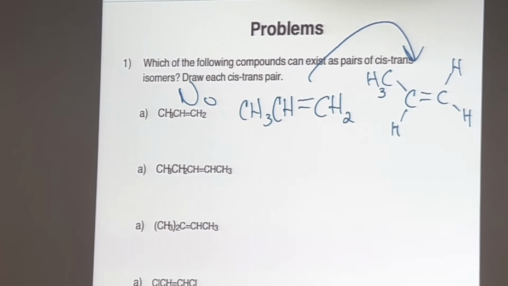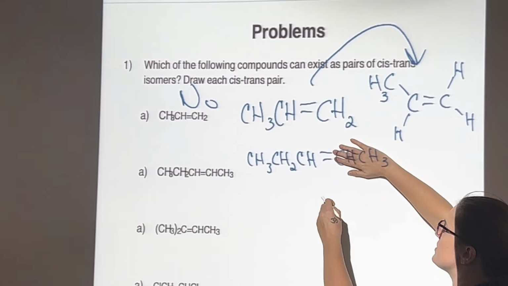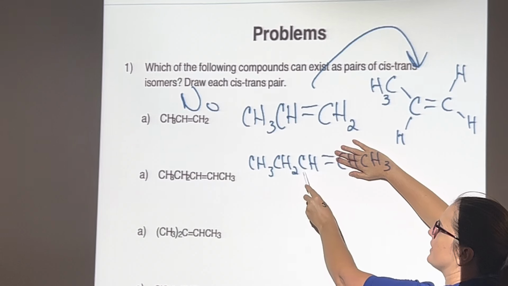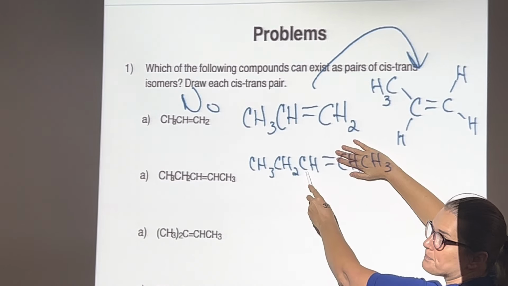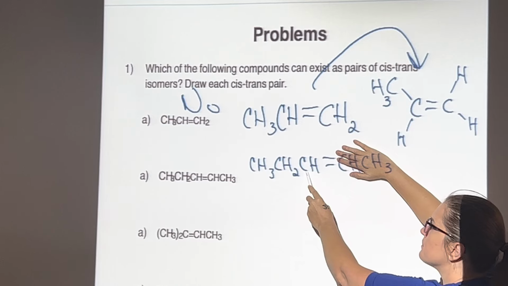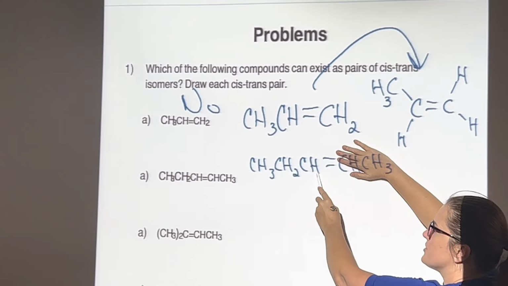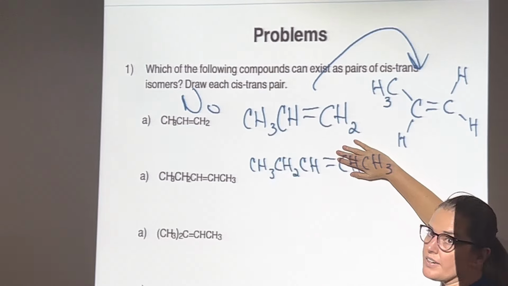Okay, the second one, let me draw it out so we can see more clearly what the formula is. Okay, so put your hand over this side and just look at this carbon right here. This carbon right here is bonded to what? It's bonded to a hydrogen and whatever else this is over here, right, folks?